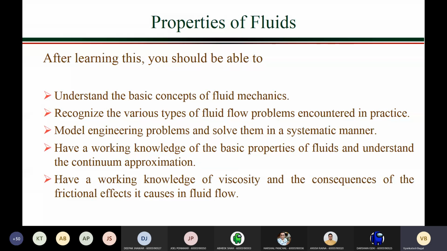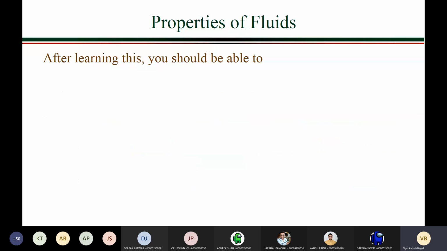This is one of the important properties which affects the fluid behavior to a great extent compared to any other fluid property. That's why a separate course outcome is given for this: having a working knowledge of viscosity and the consequences of the frictional effect it causes. Students should be able to analyze that type of situation.